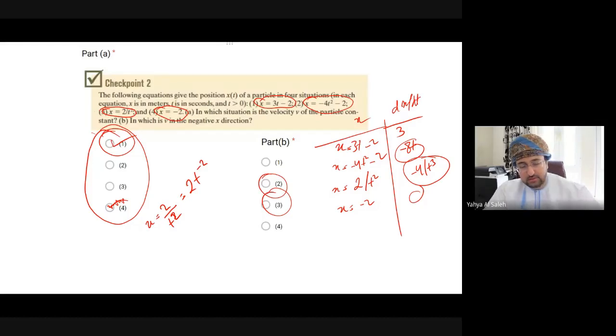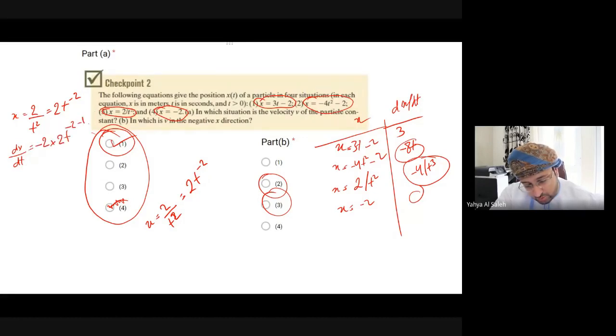If I take dx over dt, I will get minus 2 times 2t to the minus 2 minus 1, which is minus 4t to the minus 3, the same as minus 4 over t cubed.